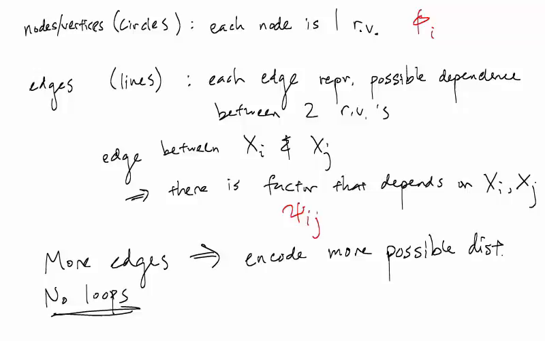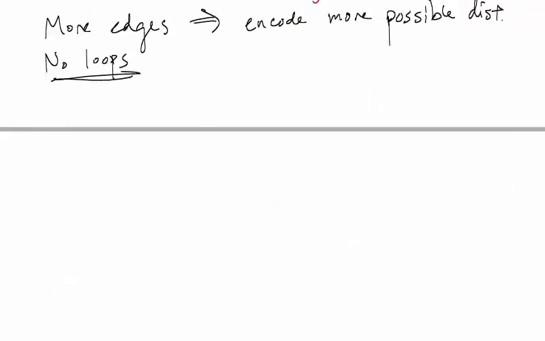Okay? And now I'm going to write out what a graphical model is mathematically. So a graphical model has a graph associated, so we were showing those pictures of circles and lines. Those are graphs. A graph mathematically we'll write as G equals (V, E), V the set of vertices, E the set of edges.